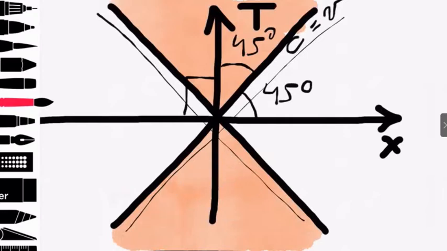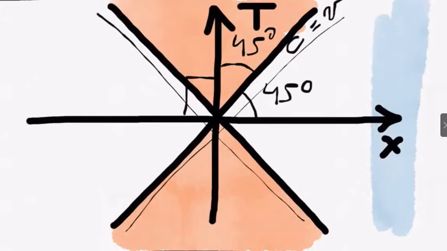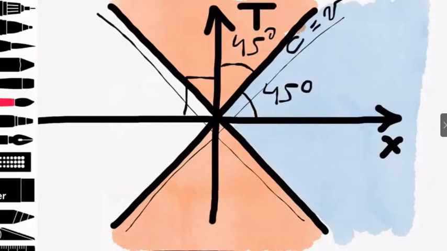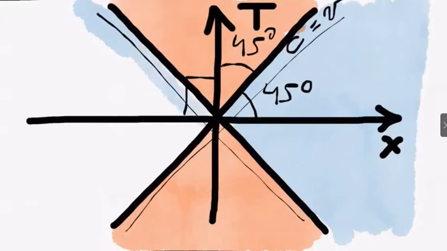Now, if on the contrary you happen to be outside of those lines, you're here, in this blue area with the same line as boundary.